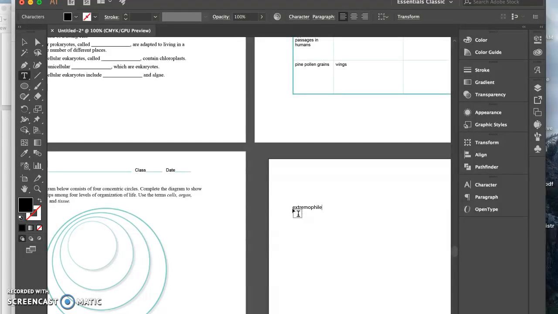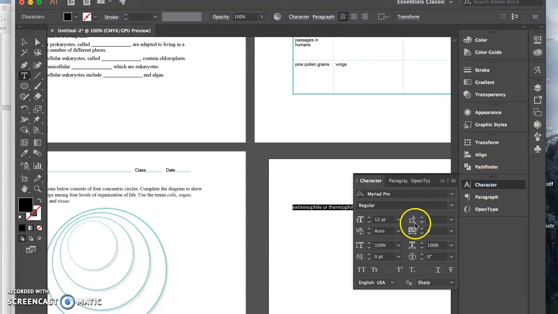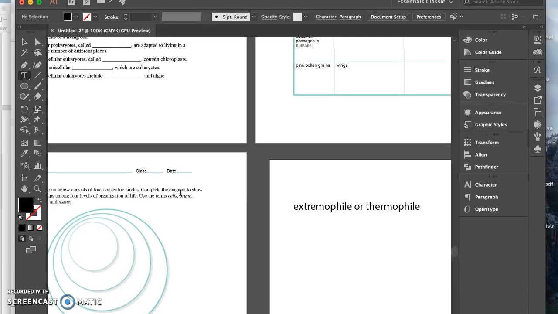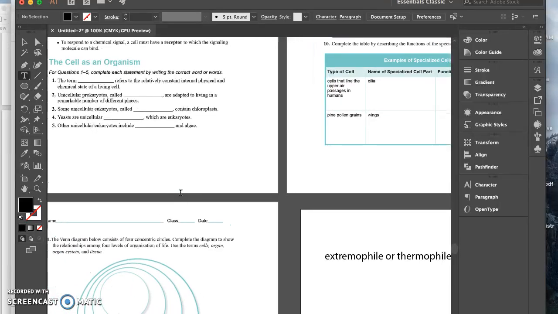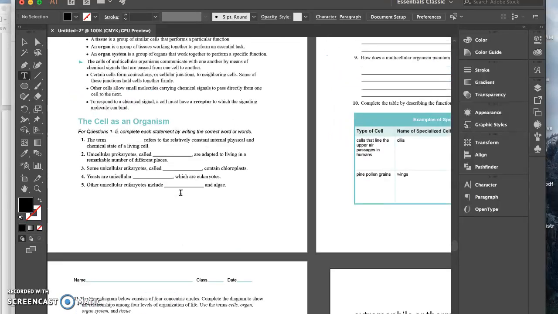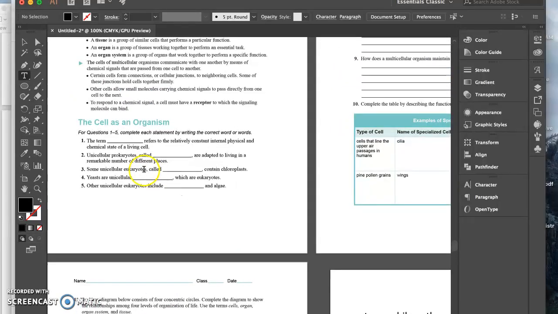Extremophile, and again the word phile means to like, or thermophile. Make that a little bit bigger so you can see that better. There we go, perfect. So an extremophile or thermophile are typically unicellular critters that can stand very extreme temperatures, salinity, pH, etc. All right.